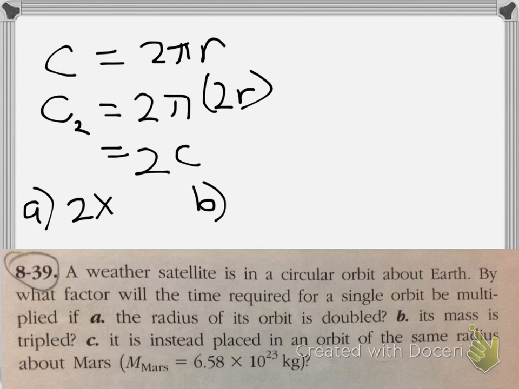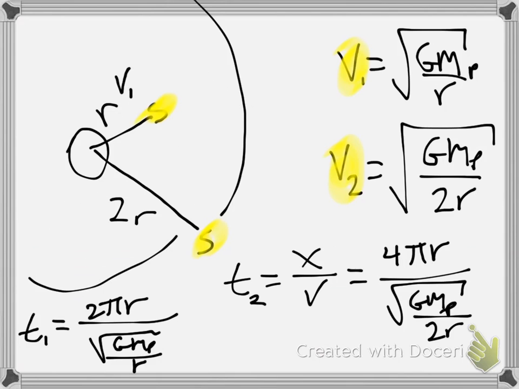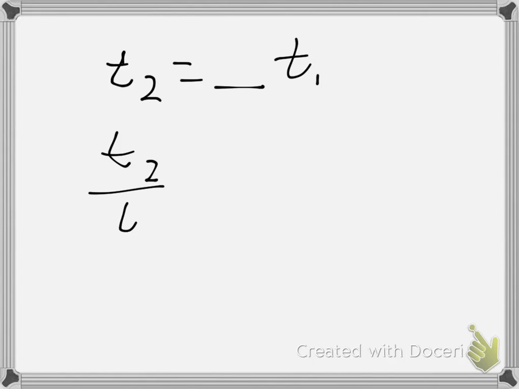What will the time required for a single orbit be multiplied by if the radius of the orbit is doubled? So how much bigger is the second one than the first one? We're saying T2 equals blank times T1, right? And the way we can do that is we take T2 divided by T1, and that's going to give us our number.